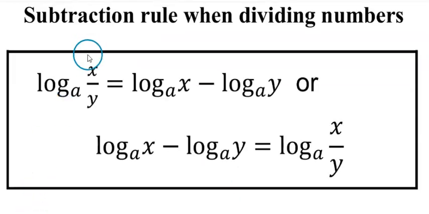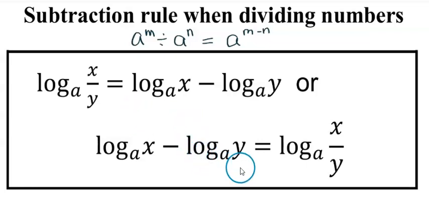So when we divide two numbers like x and y, then we subtract the logs of that. That is similar to a to the m divided by a to the n, which gives me a to the m minus n for exponents. Exactly the same with logs. Remember, also the reverse order.